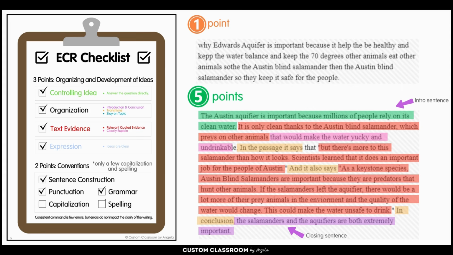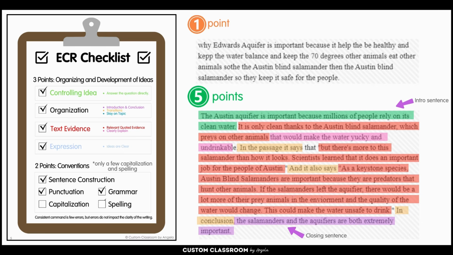And it also says, as a keystone species, Austin's blind salamanders are important because they are predators that hurt other animals. If the salamanders left the aquifer, there would be a lot more of their prey animals in the environment, and the quality of the water would change. This could make the water unsafe to drink. In conclusion, the salamanders and the aquifers are both extremely important.